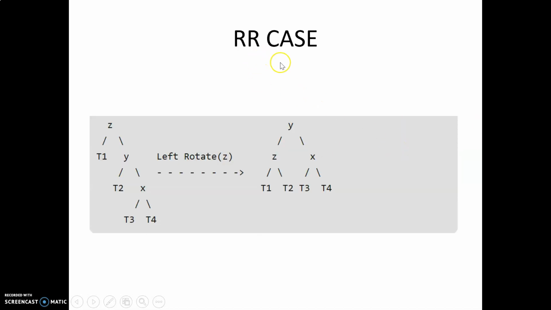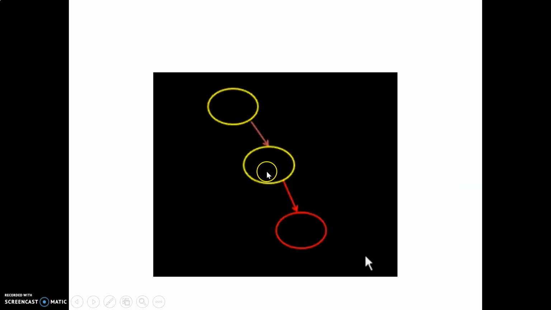Next is the RR case. RR case is right. That means if my tree is a right heavy tree, the newly inserted node is towards the right of the right subtree. So this is how we are going to perform rotation. Again, insertion is at the right side of a right subtree.